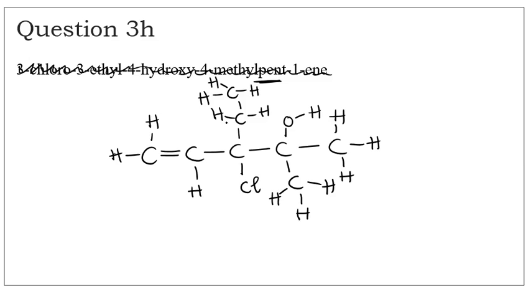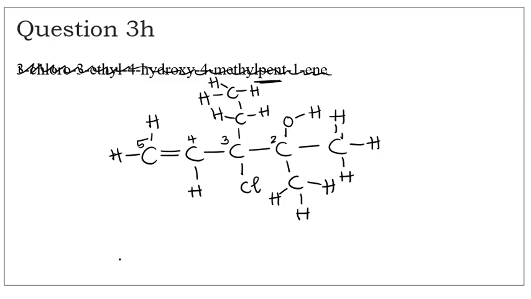So let's do that. If OH is of the highest priority, 1, 2, 3, 4, 5, I still have a pentane-1-ol. That's number 2 now though. So you have 1, 2, 3, 4, 5. Oh, okay. So you have a methyl, a chloro, yes, and an ethyl.